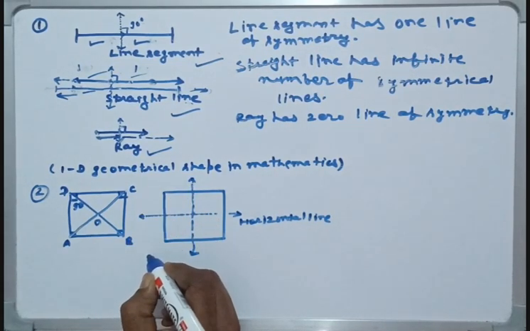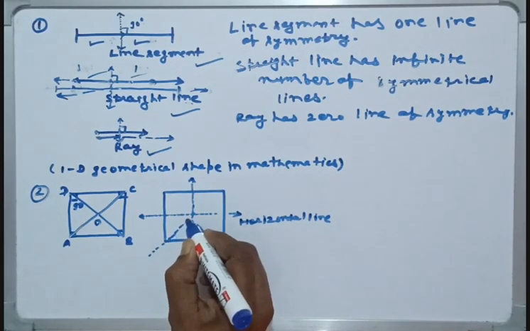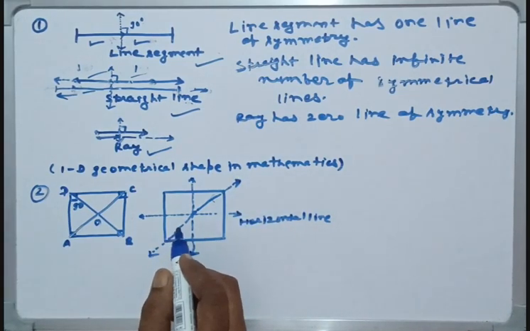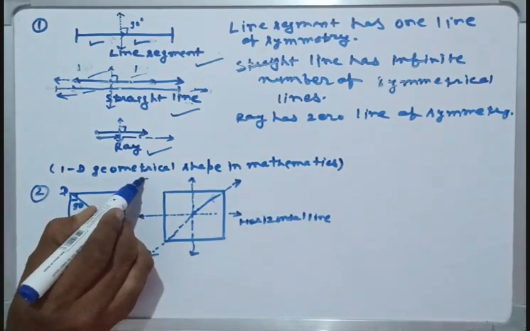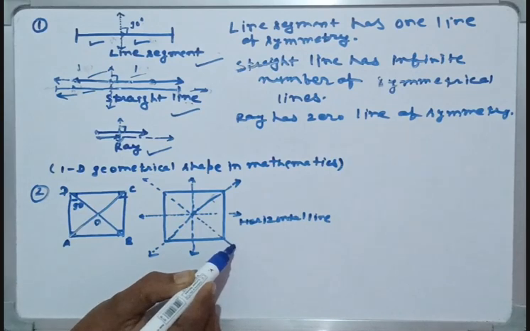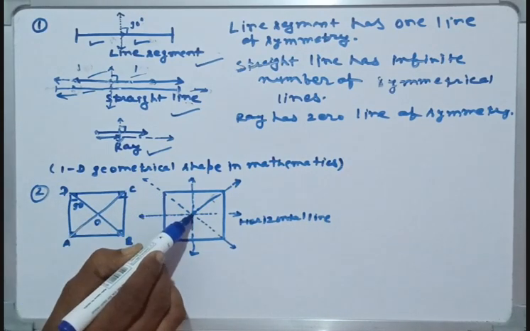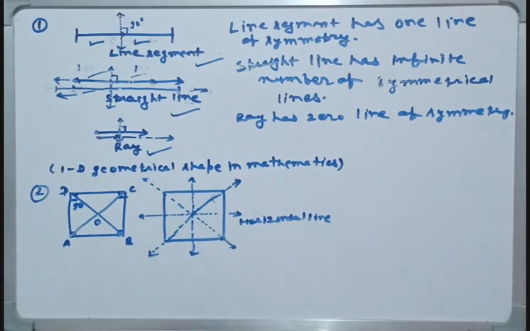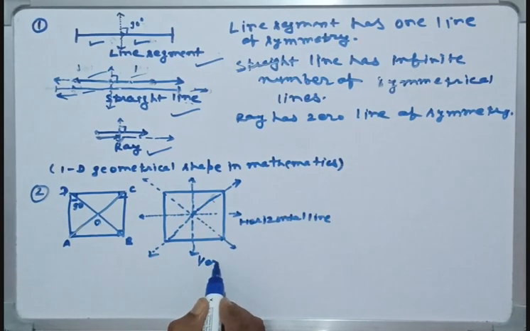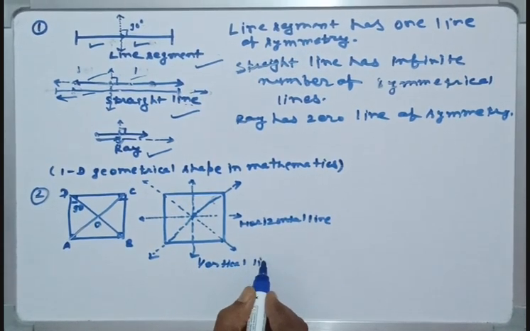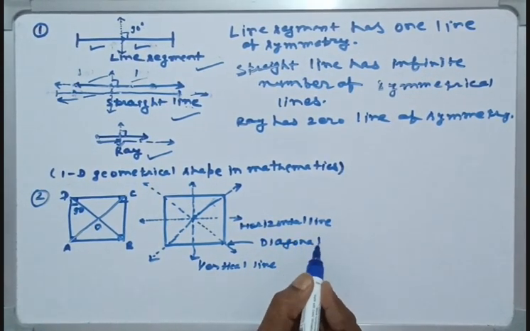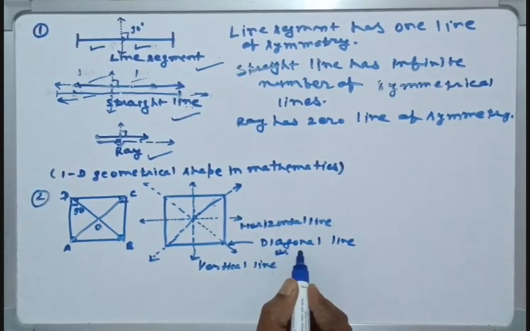And this diagonal, or you can say slanting line, passing like this one. And the other diagonal slanting line passing through like this. It means it is passing through a vertex, then the center, then again a vertex. Okay guys, so see, this one is a vertical line. This one is a diagonal line, or you can say slanting line.